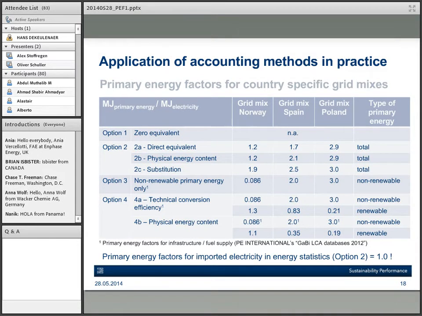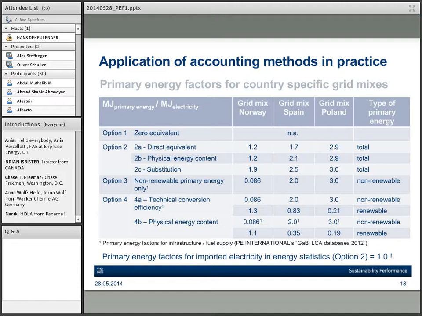And then there's one final point for the country-specific grid mixes: in the energy statistics, when you import electricity from another country, this is always accounted with a primary energy factor of 1. So it means that if you're a rather small country, this can really change your primary energy accounting.